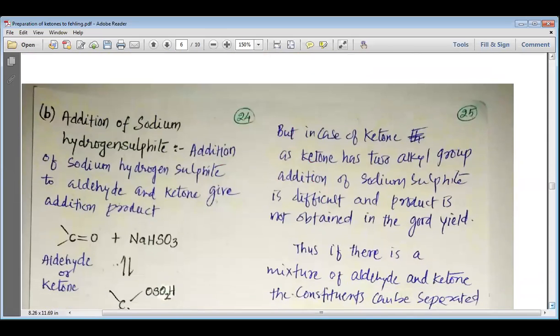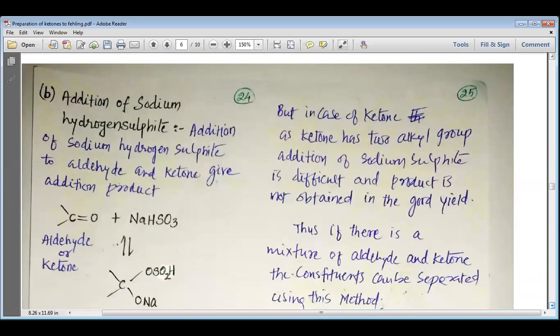Remember that these cyanohydrins are very important reactive intermediates. Now, my dear students, we are going to study the addition of sodium hydrogen sulfite. Remember, I am talking about sulfite here. So you need to remember that there is a difference between sulfate and sulfite.